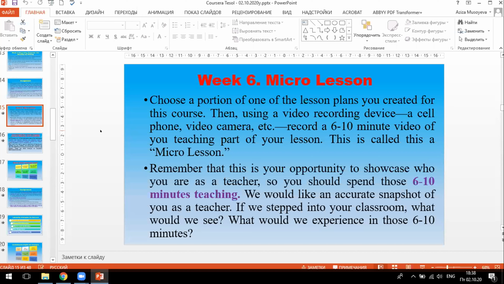Most of the time I took from the beginning of the first lesson, for example, warm up, some instruction and modeling, and just one guided practice. Pick the very moment that you want to showcase what you can do as a teacher.